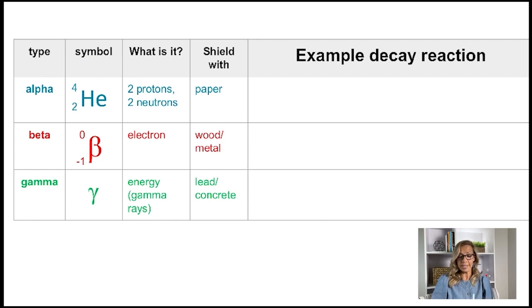First of all, alpha. The alpha symbol, I drew the little alpha, the Greek letter. You might see it like that, or more likely you'll see it as a helium 4-2 particle. An alpha particle is just two neutrons and two protons, which is basically the nucleus of a helium atom.